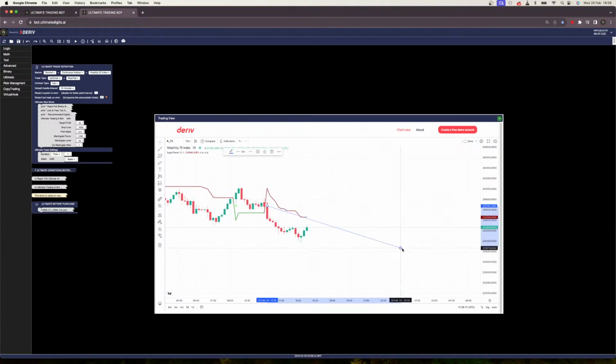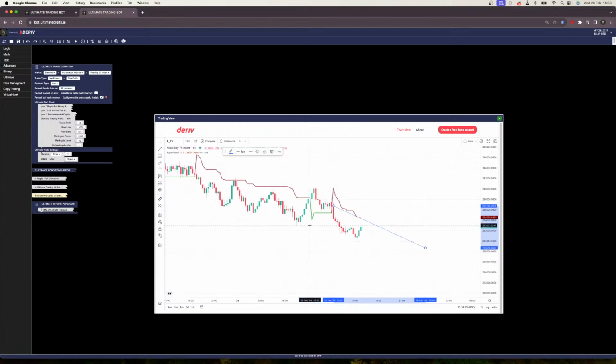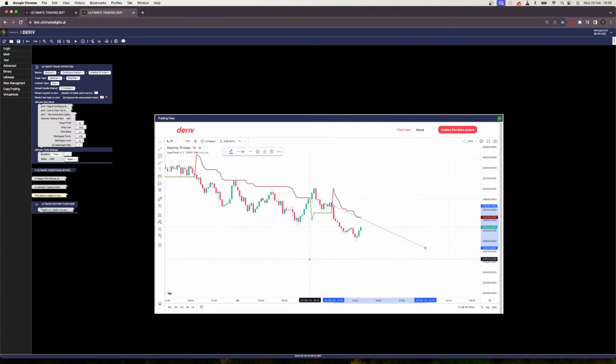Price may retrace back to around this level to decide if it goes up or it continues going down. So two time frames have confirmed the top down analysis. The trend on 1 hour is downtrend. The trend on 15 minutes is downtrend.